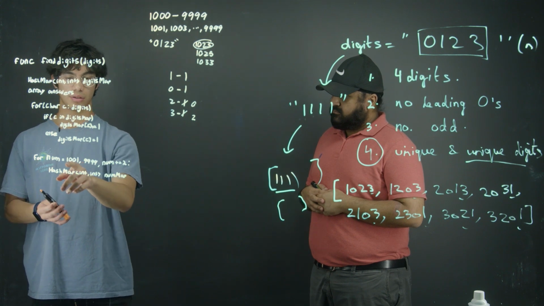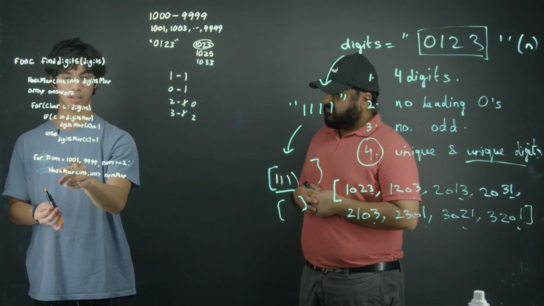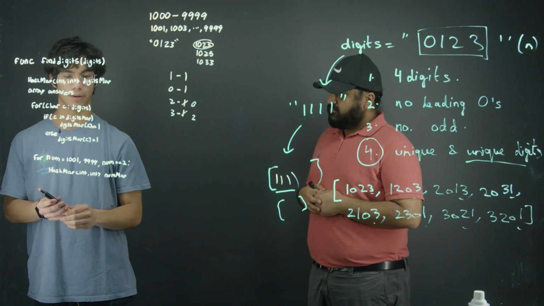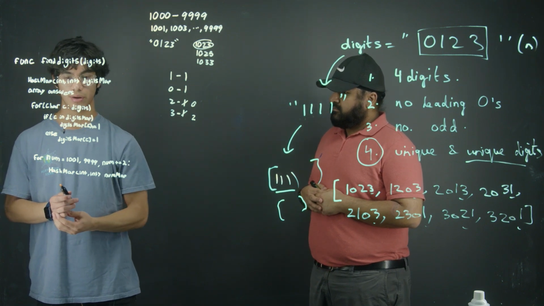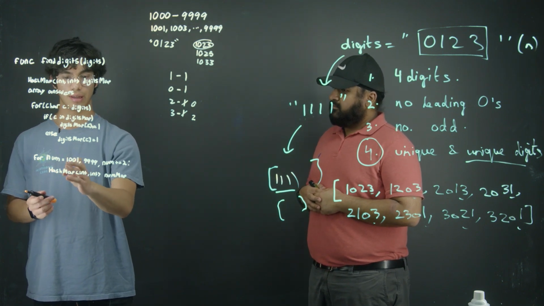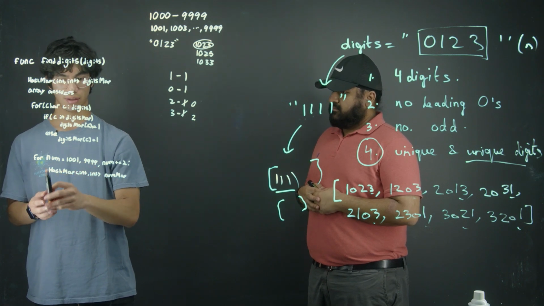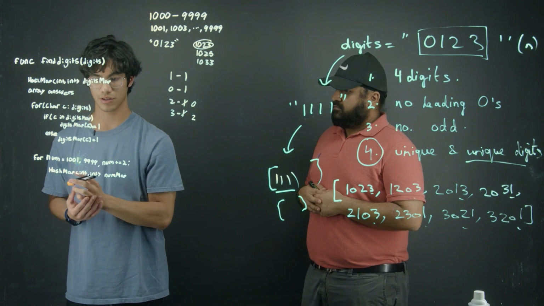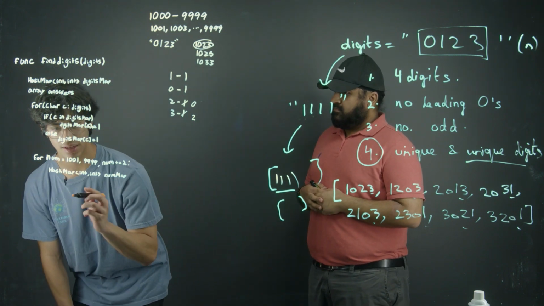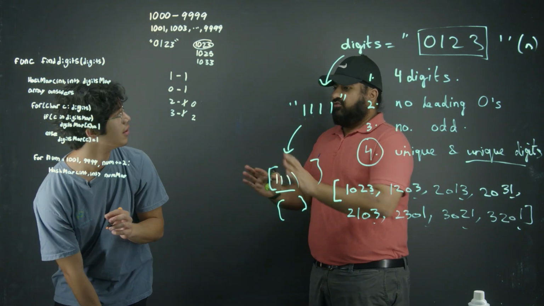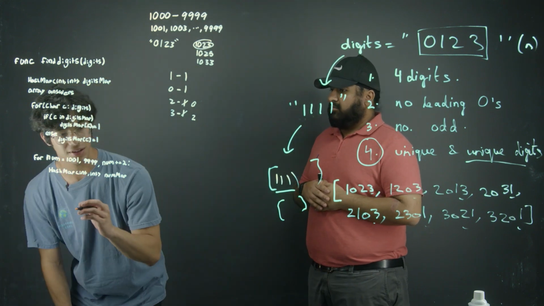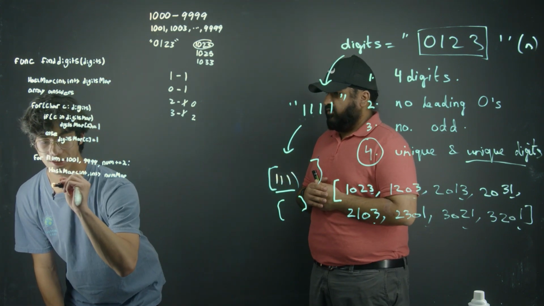Either we can do some math to extract each character, or we can just go the easier route and convert it into a string and then go through each character and map that individually. I think that'll be simpler to write out, so I'm just gonna do that instead. So if you want to assume that it's a string, that's totally fine. You can assume that 1001 is a string.